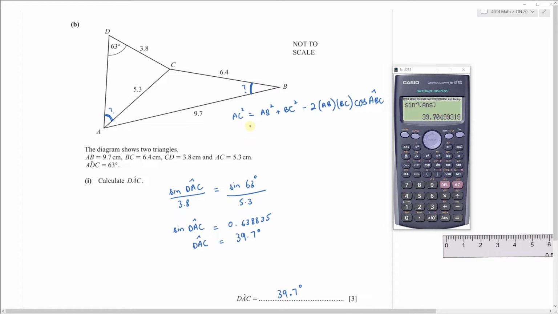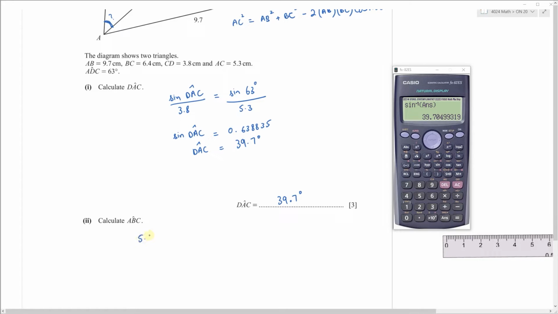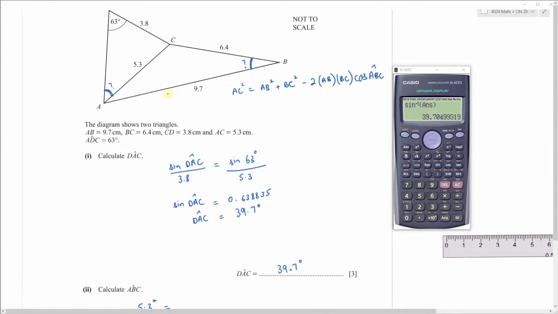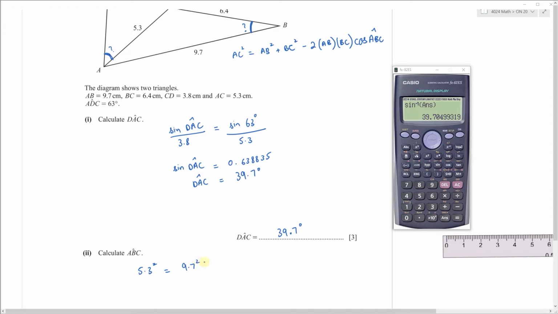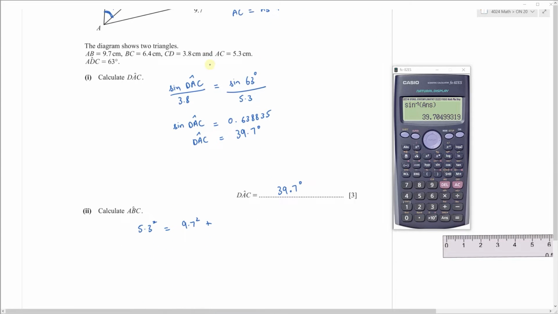So the only unknown in this equation is the angle ABC. So let's substitute the values. AC is 5.3, so this will be 5.3 squared. AB is 9.7, so 9.7 squared plus BC is 6.4, so 6.4 squared minus 2 times 9.7 into 6.4 into cos of angle ABC.